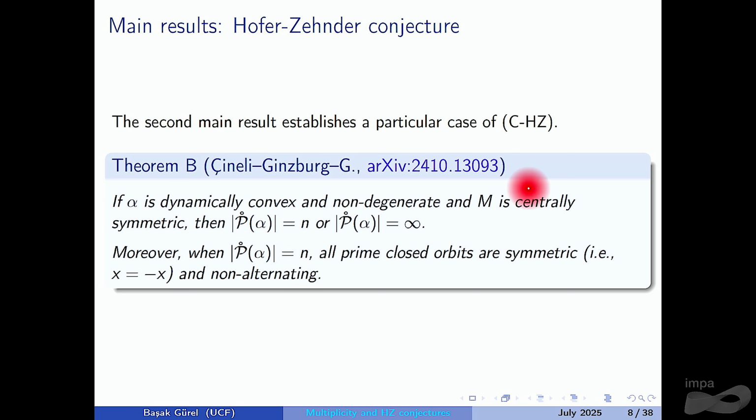Then we have this n or infinity dichotomy. We can be much more precise in that way. And if you have n, then again we have more information about the simple closed Reeb orbits. They're symmetric, and all of them are non-alternating.